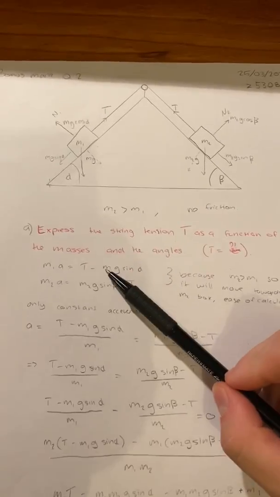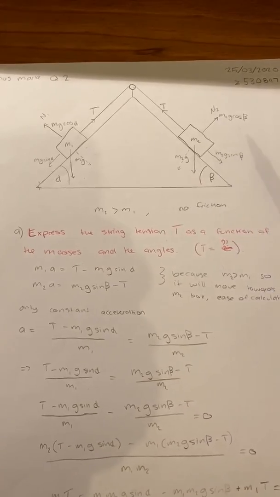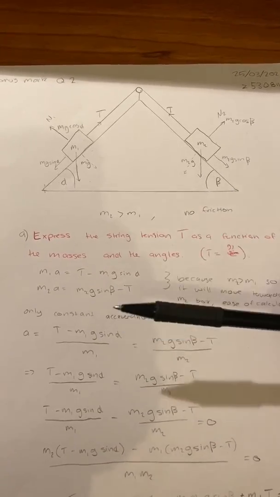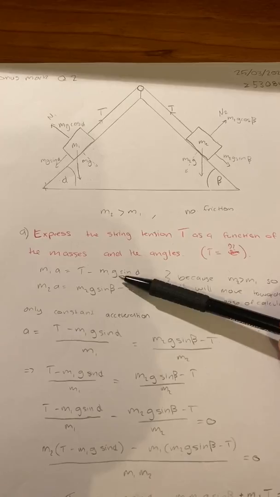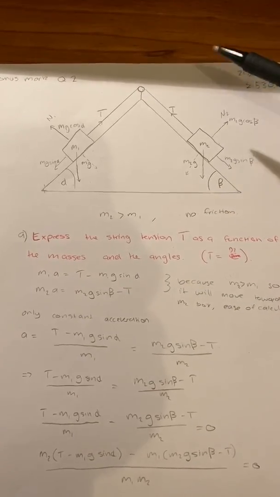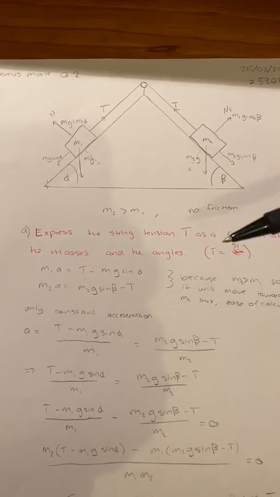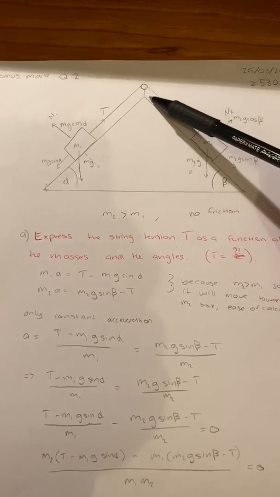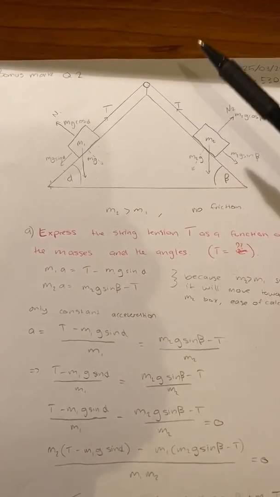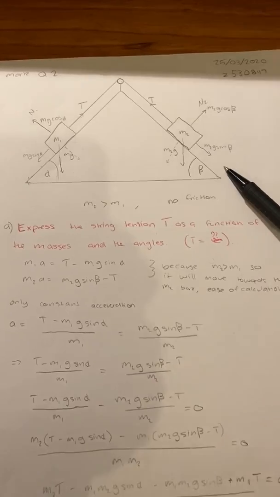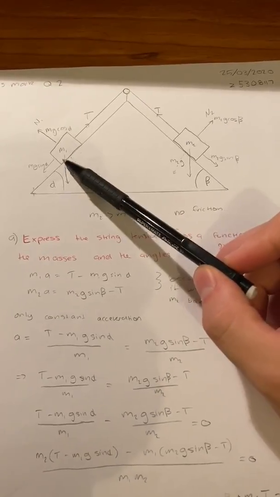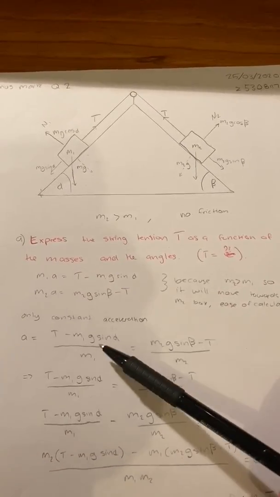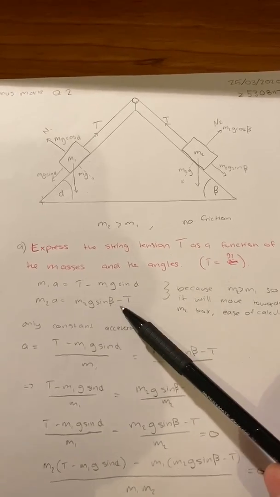I put T minus m1 g sine A in that form because we know m2 weighs more, so there's going to be more force coming down compared to m1.